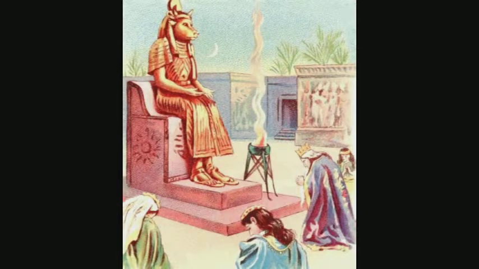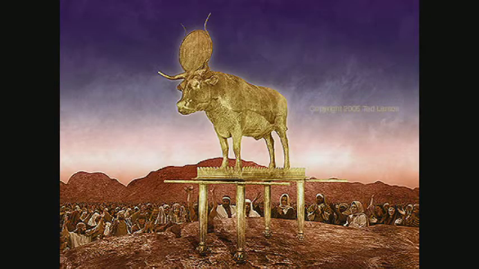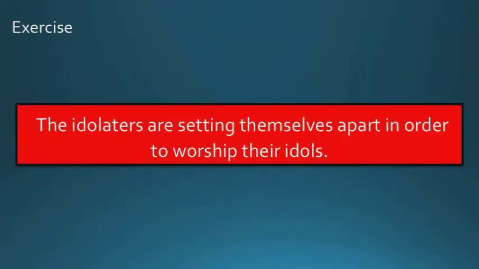They believe that they have to be in a particular, how would you call it, like a state of mind and a state of pureness and a state of everything in order to worship whatever it is that they believe in. In a way, this is copying us. We want to set ourselves apart because we worship Yahweh. They're doing exactly the same thing, and the same words are used.